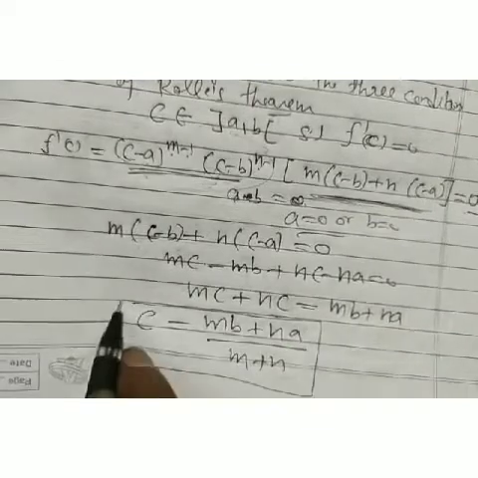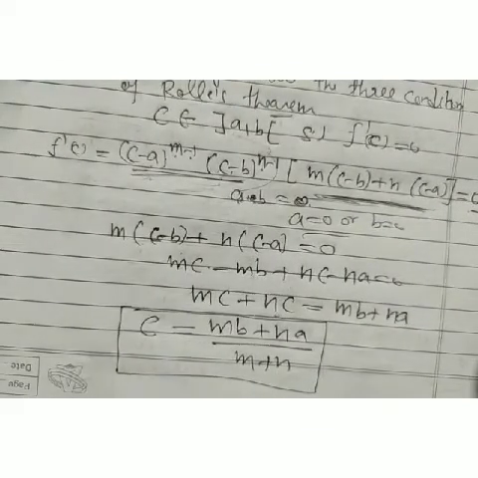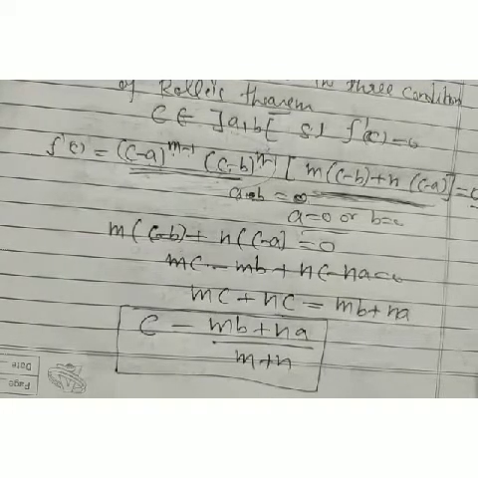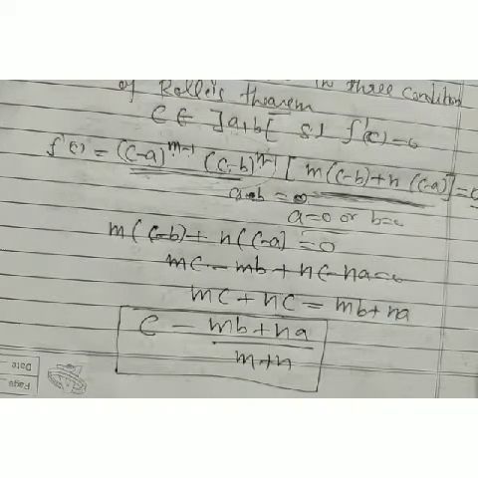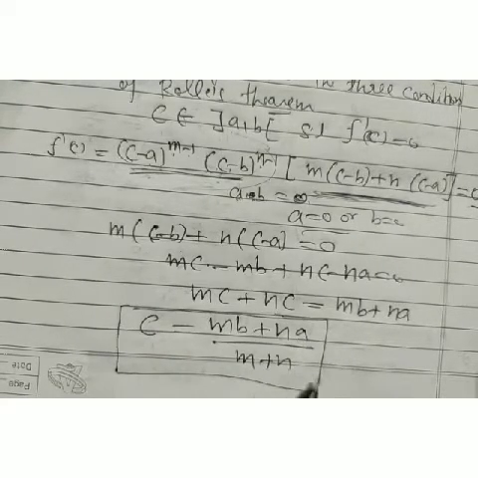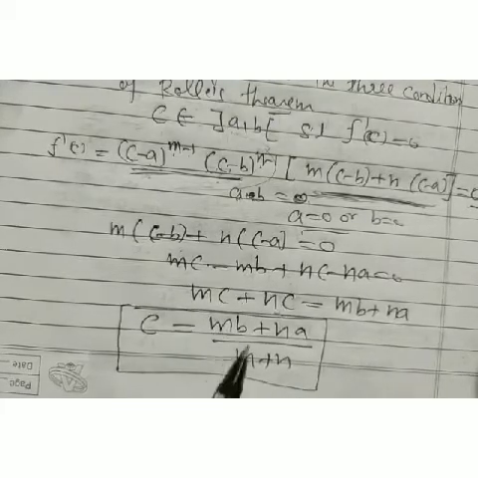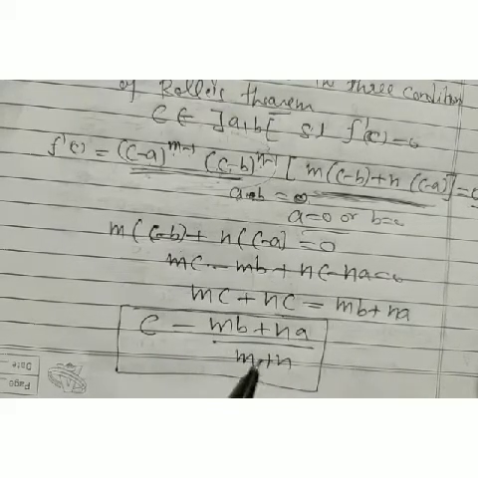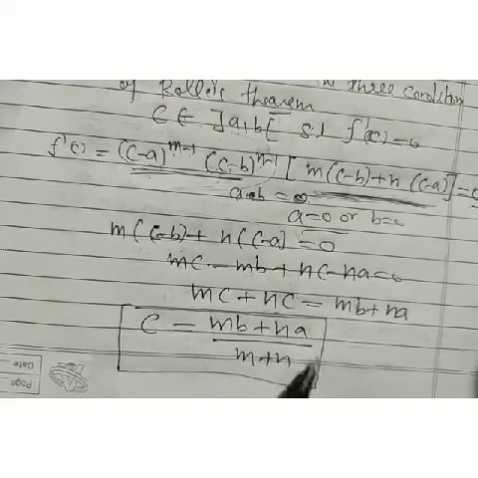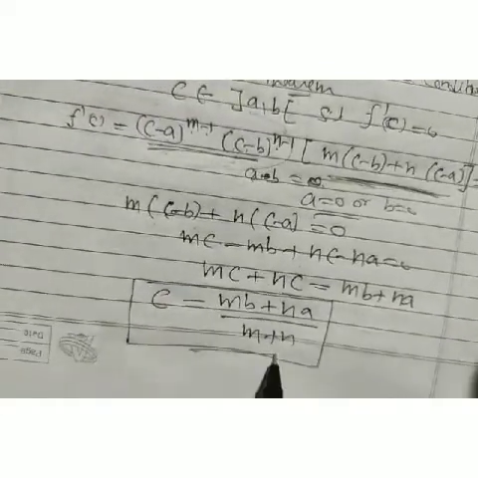Looking at this, all of you may be reminded of something. What is this? Exactly, it is our section formula, which you learned in class 10 in coordinate geometry. If we divide the line in the ratio m is to n, it's the section formula for internal section. In the open interval AB, it divides in the ratio m is to n.